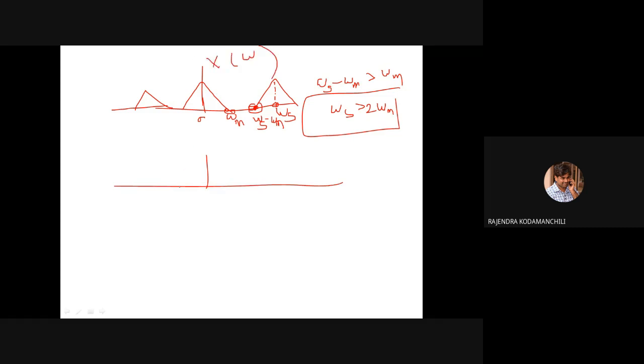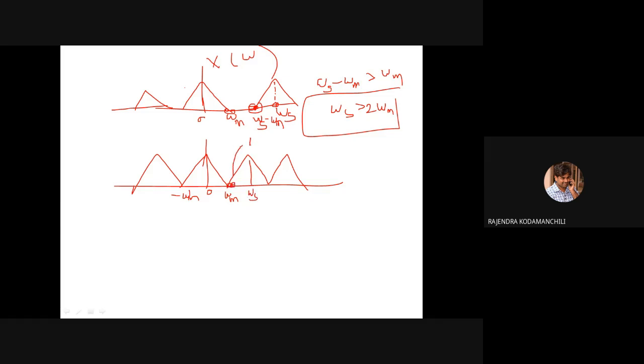Next, here is the same waveform, repeated continuously. It has some space; I told you the reason why the space occurs. Now here it is omega m, it is 0, minus omega m. Now it is called omega s. What about this value?